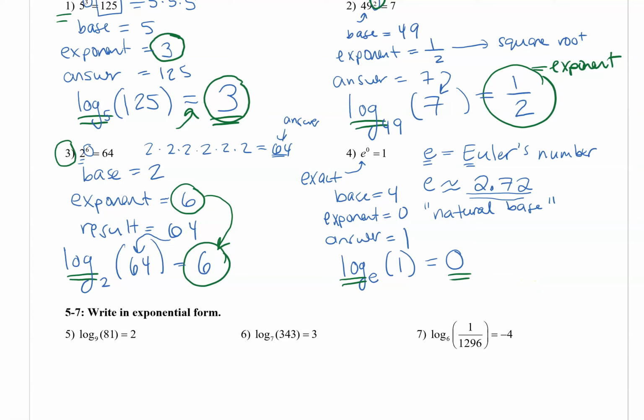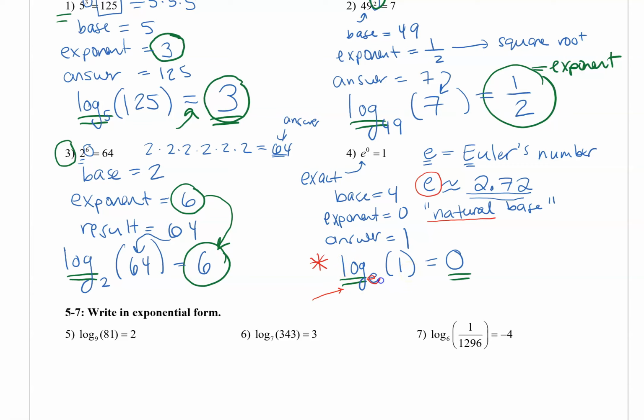Now, there's one more thing you do need to realize about this one, and that is because this number e is considered to be our natural base and occurs quite often in natural types of exponential growth or decay. This is a very common logarithm, and so it has its own abbreviation.